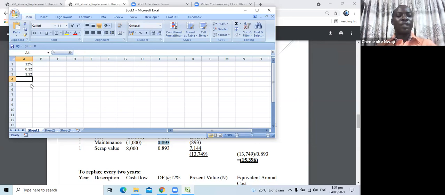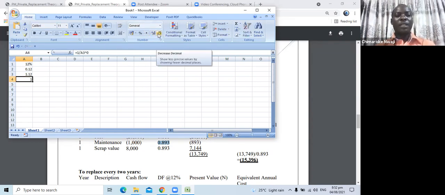Now the formula is 1 over 1 plus r raised to the power of the number of years. So I will simply say 1 divided by 1 plus r, which is this, raised to power, let me now say 0. If I say 0, you see it has given me 1.